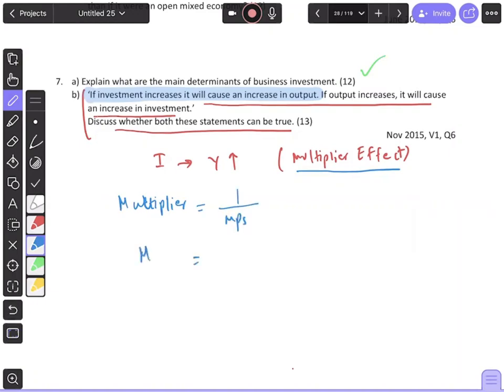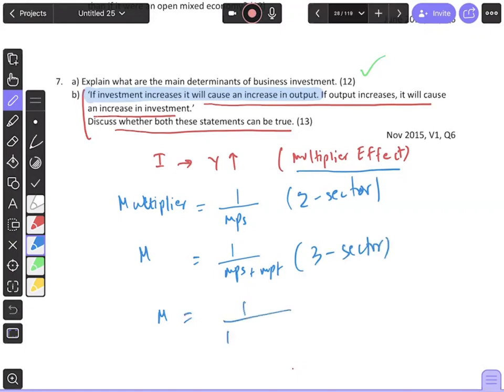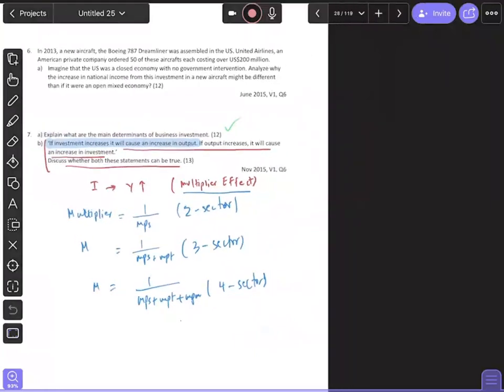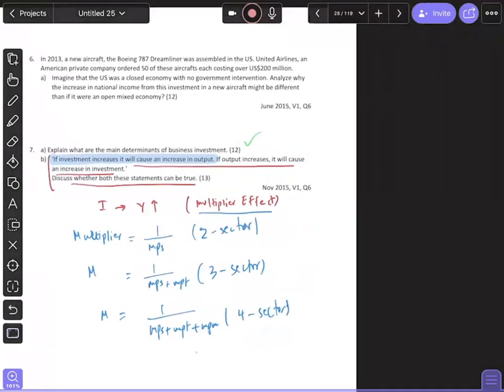It's 1 over MPS plus MPT in a three-sector model, and it's 1 over MPS plus MPT plus MPM in a four-sector model. Okay, so that's something you need to remember. Not that we need to mention this here, I'm just revising the idea of what a multiplier is.